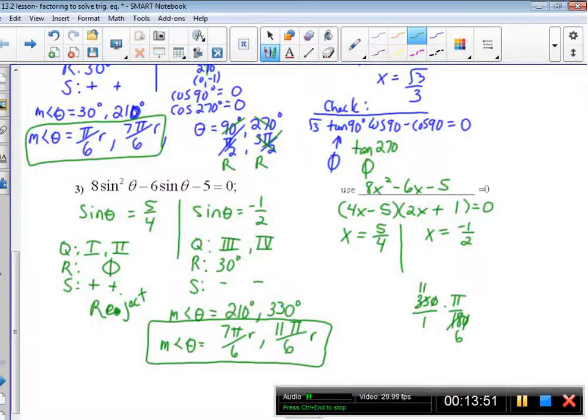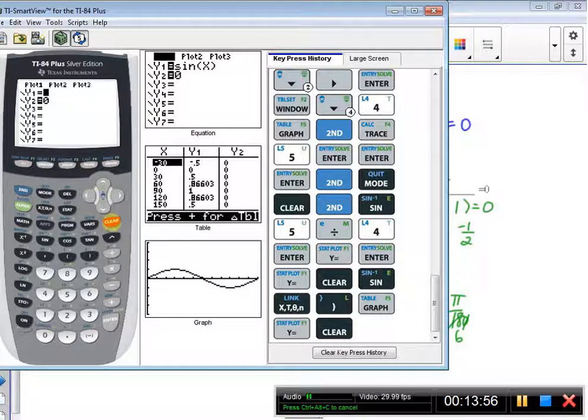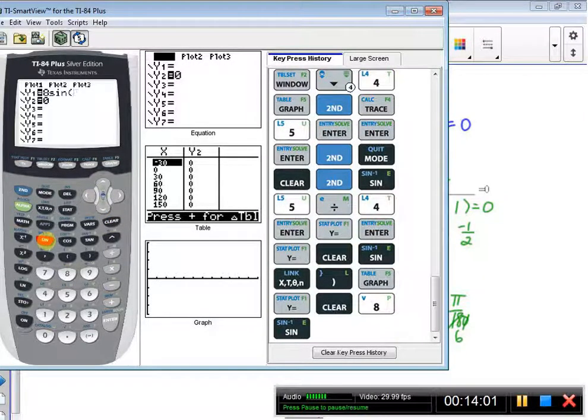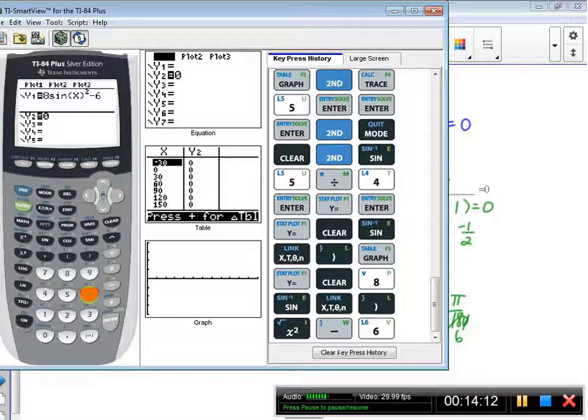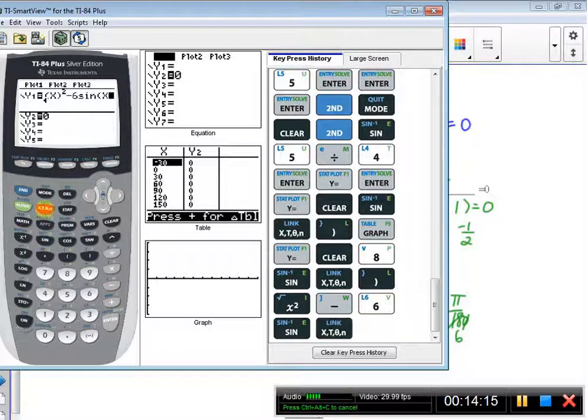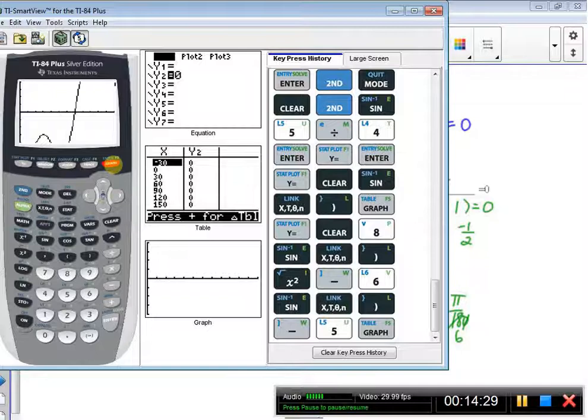Okay? If we go quickly to the calculator and we check that, we would have 8 sine. Now to do sine squared x, we have to do sine x squared like that, minus 6 sine x minus 5, and we want the equals 0. So I think we should be good. Let's try graph. We're looking where it intersects the x-axis. There's one of them.